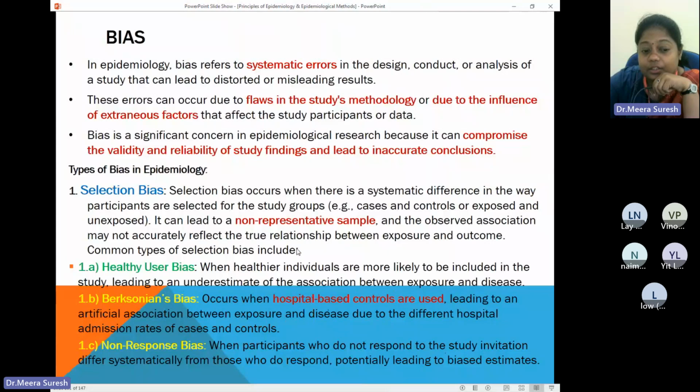Then non-response bias. Non-response, as the name indicates, you selected a lot of people for your study. The controls, like you selected 3,000 cases, and how many controls? Usually, it is said you can go for double or triple the number. Like if cases you are studying are 3,000, then controls can be 6,000 to 9,000. Minimum there should be at least say 4,000.